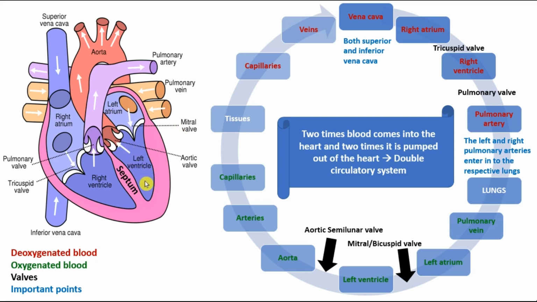Here the blood passes through the aortic semilunar valve into the main artery of the body, the aorta. And this aorta further gives the blood to the arteries. And these arteries, on reaching tissues, become very thin and empty out into these tissues.